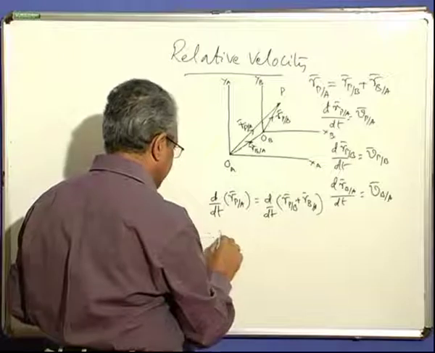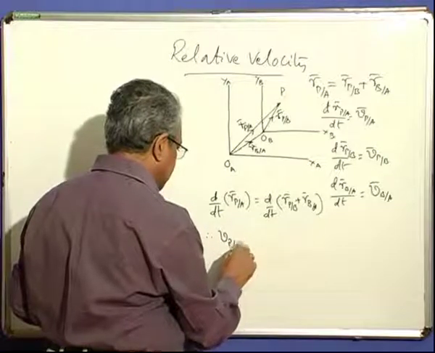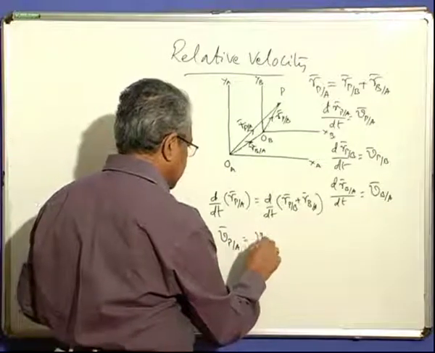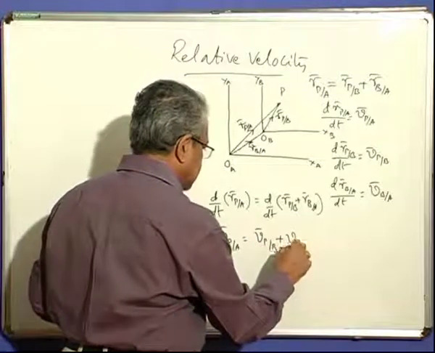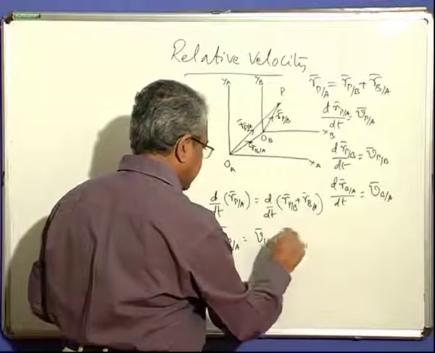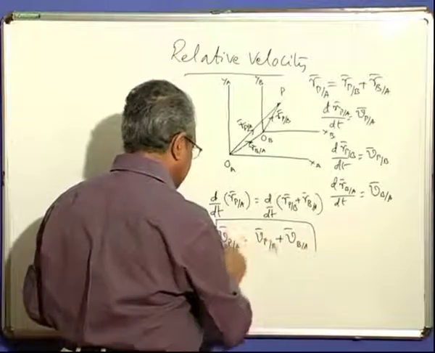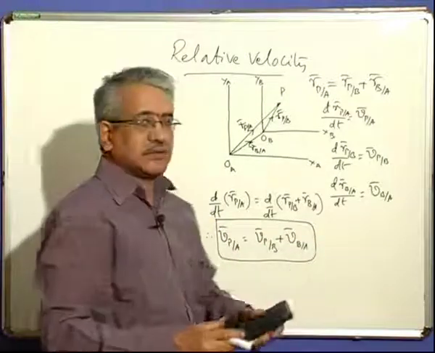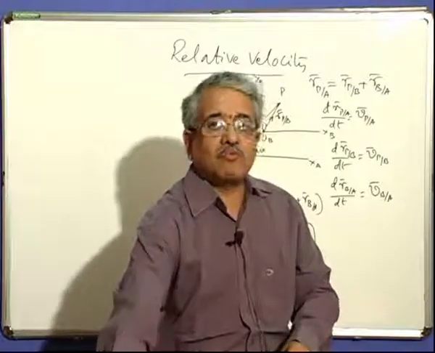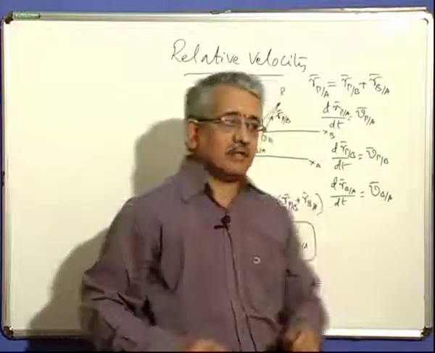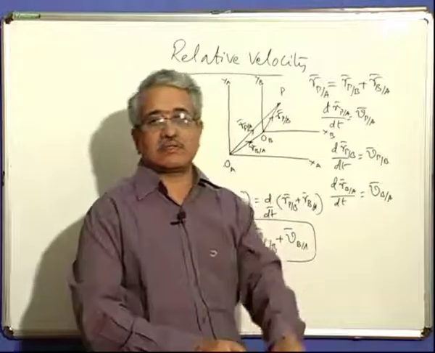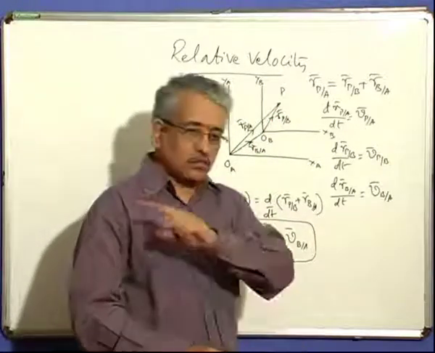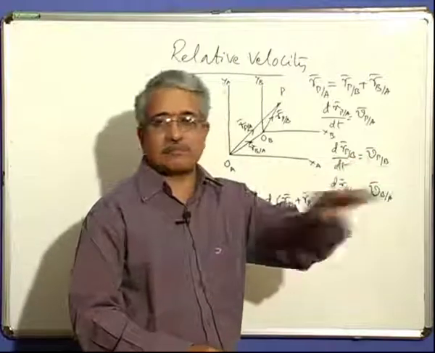That means the velocity of P with respect to A is equal to the velocity of P with respect to B plus the velocity of B with respect to A. Once again the same equation comes. So the concept is the same. Only thing is how to go about the calculations depends upon the directions also involved there. So you must go through vector dimensions there. If it is only one direction, a simple addition or subtraction comes like that.